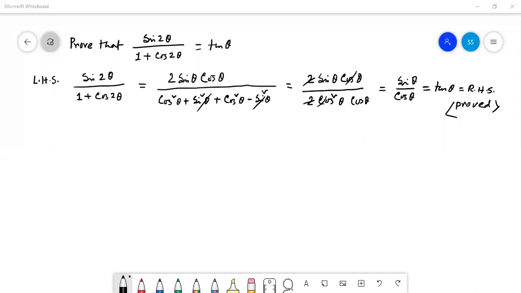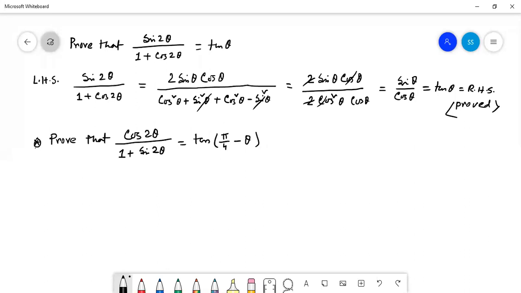Cos 2 theta by 1 plus sin 2 theta. Prove that cos 2 theta by 1 plus sin 2 theta is equal to tan of pi by 4 minus theta.